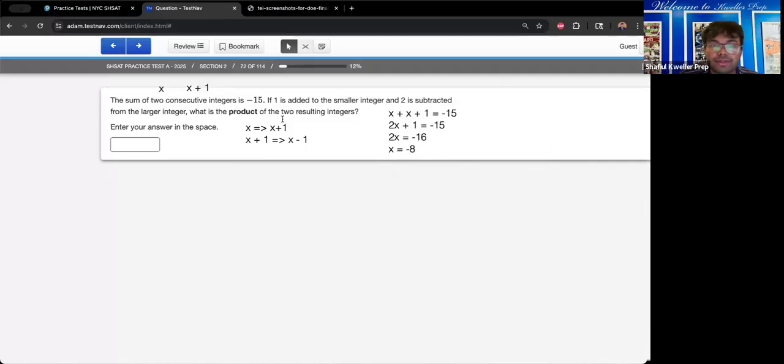Now we need to solve for x plus 1 times x minus 1. x plus 1, that's negative 8 plus 1, is equal to negative 7. x minus 1, negative 8 minus 1, is equal to negative 9. The product, negative 7 times negative 9, is equal to 63, sorry. And it's positive because you're multiplying two negative numbers.